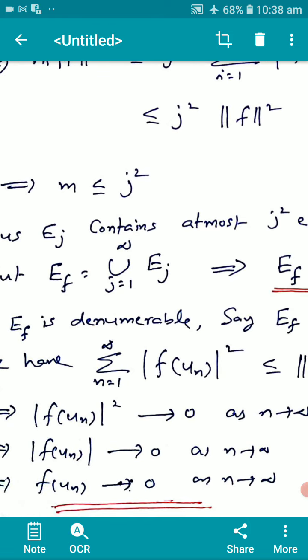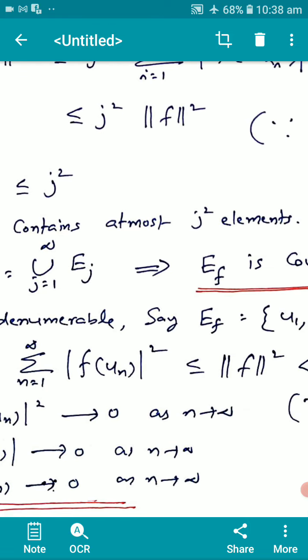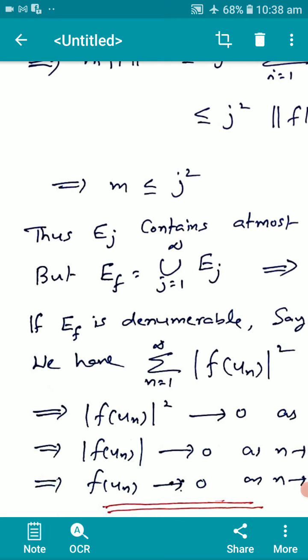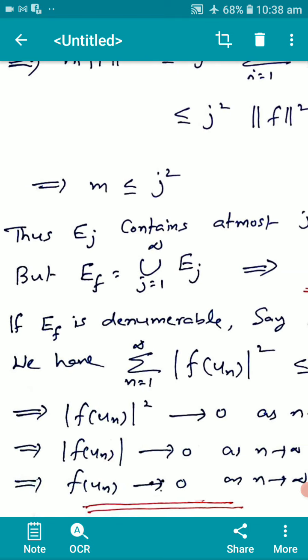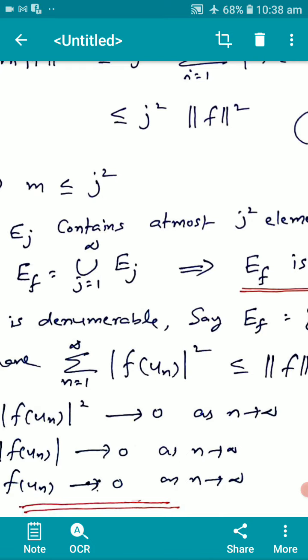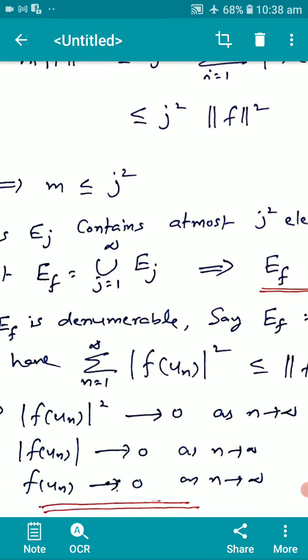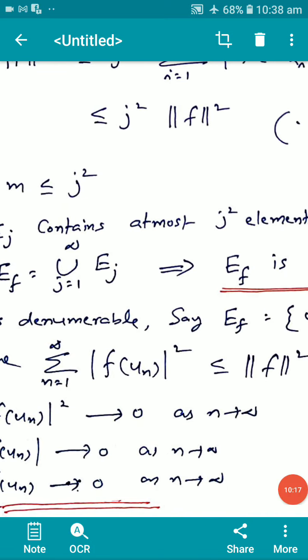This implies mod f un square is converging to 0 as n tends to infinity, or mod f un is converging to 0, or f un is converging to 0 as n tends to infinity.